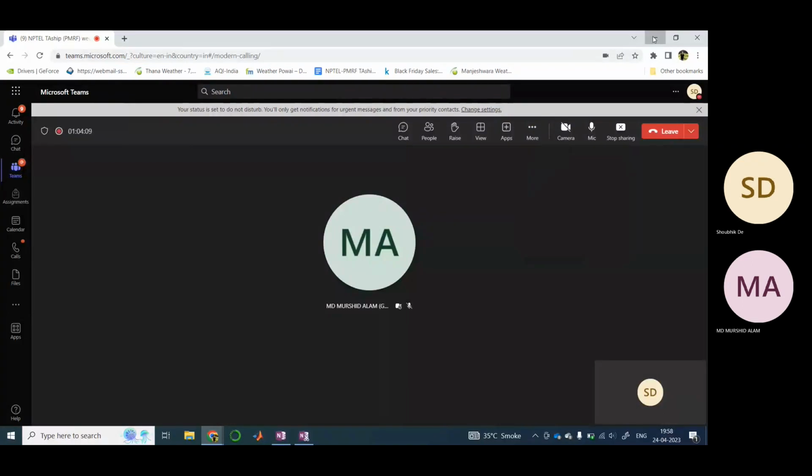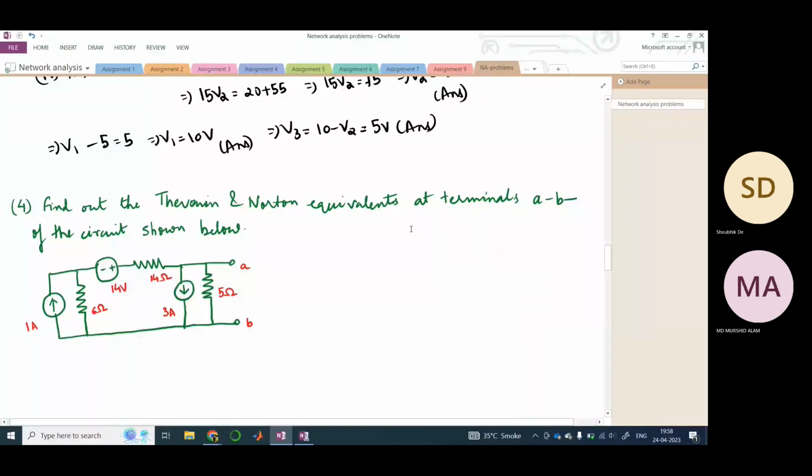Okay, fine. Now we will move to the Thevenin and Norton equivalent. We will also see some dependent source problems here, and we will see how to deal with them. It's just a revision for you. I have told you the concepts previously also, right? Here they have told you to find the Thevenin and Norton equivalent circuits.